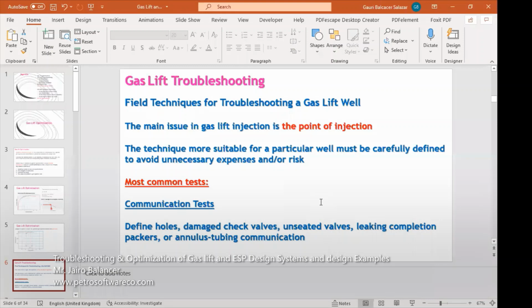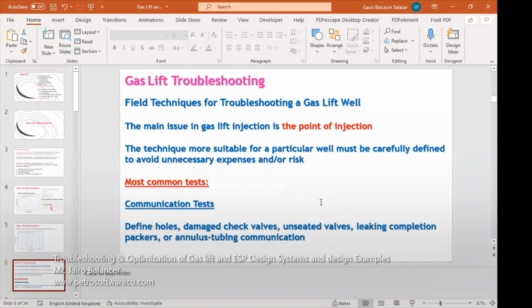The technique more suitable for a particular well should be carefully defined to avoid unnecessary expenses. In this case, we have to work first on the surface, either the gas injection or the producing lines. We have to work on this before going downhole.